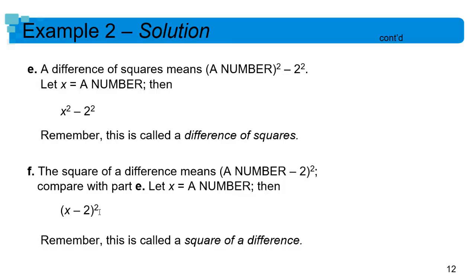And when you have x minus 2 squared, i.e. the square of a difference, these two things are not the same. This is going to equal x squared minus 4x plus 4. Totally different than this. So keep that in mind, please, that a difference of squares and the square of a difference are two completely different things.